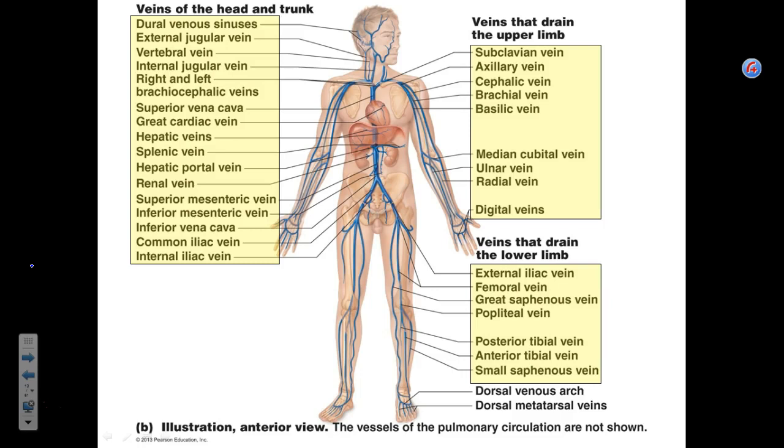I want it to be bigger, okay? So you may notice that veins largely repeat the pattern that we find for arteries, correct? Can you see that? However, you can see veins, as we mentioned, are more superficial.